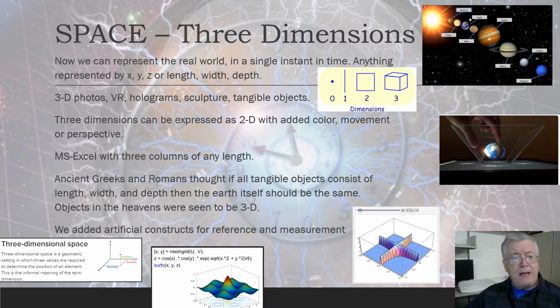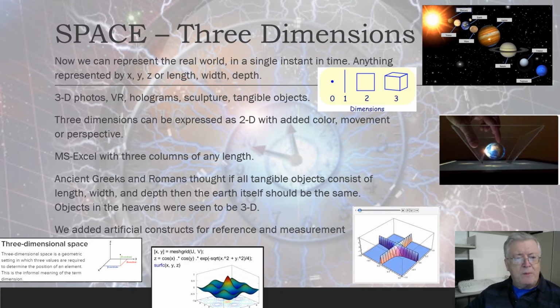That's 2-dimensional with added color, and can represent 3 dimensions in a 2-dimensional painting. Again, you can have an Excel spreadsheet. You use 3 columns of any length, and that'll give you 3 dimensions.